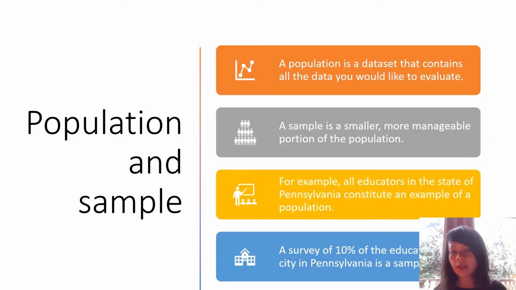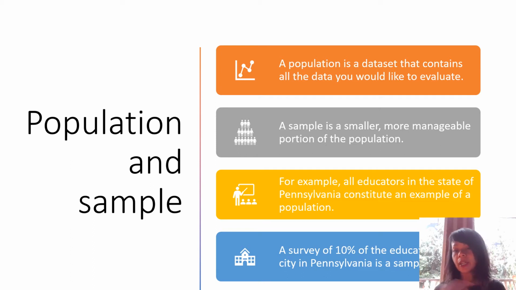But first, I've mentioned population and sample a few times. Let's talk about the difference. A population is a data set that contains all the data that you would like to evaluate. A sample is a smaller, more manageable portion of the population. For example, all the educators in the state of Pennsylvania is an example of a population, so all of them.